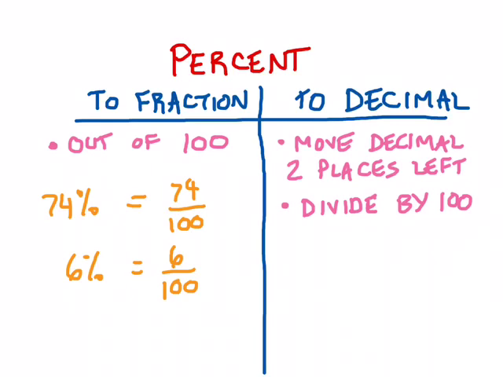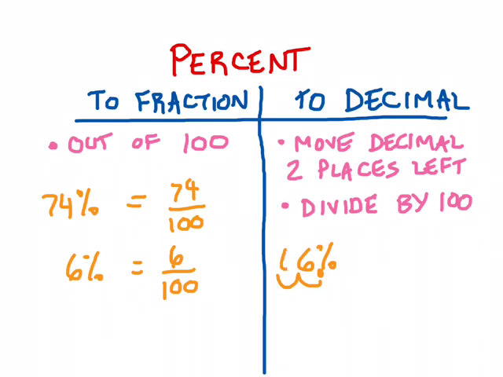The only real time this tends to mess students up is when you're dealing with a percentage that's in the ones, or where you can't see the decimal place. So if I'm trying to convert 6% into a decimal, first of all, I have to realize that the decimal is next to the 6 on the right. Then I can again move it 2 places to the left.